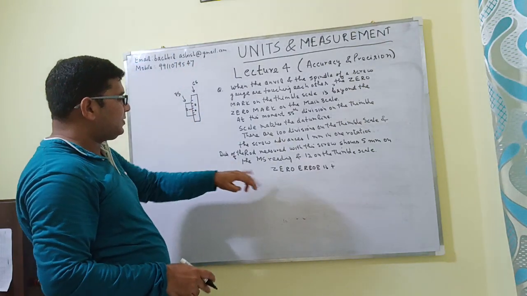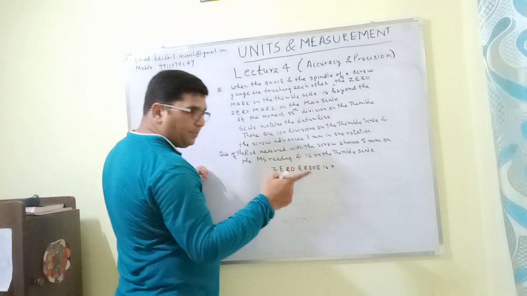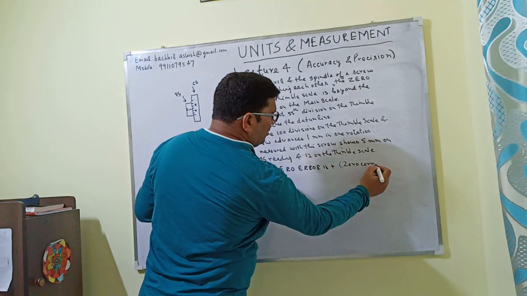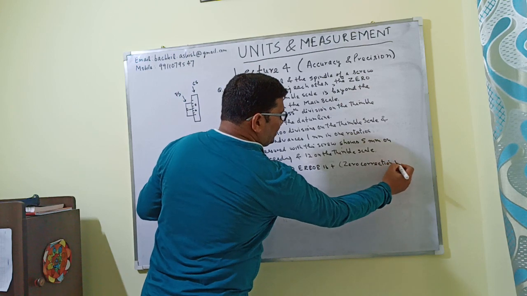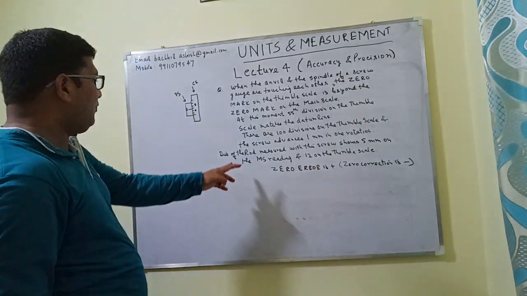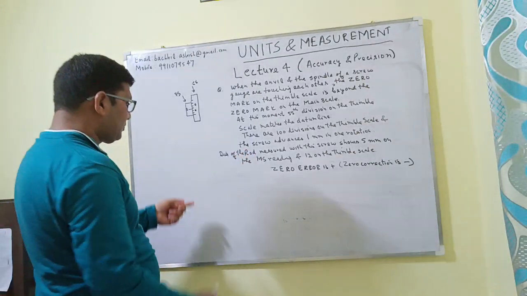So here in this case the 0 error is positive, and when it is positive, the 0 correction will be negative. 0 correction is negative. Okay, now we have to find the diameter of the rod. So what will be the diameter of the rod?